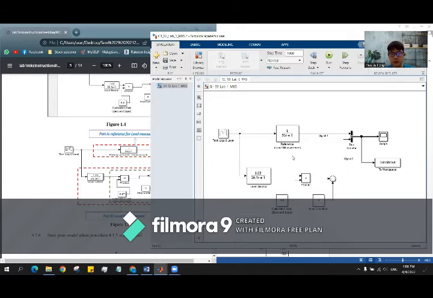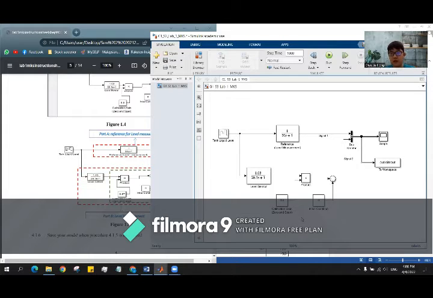Then this part can be considered as part B. We will use this part as the level measurement. Here we have a transfer function block, which represents a level sensor. Then we have a product, which will multiply the values from the level sensor with the constant block, representing a calibration gain or zero and span.